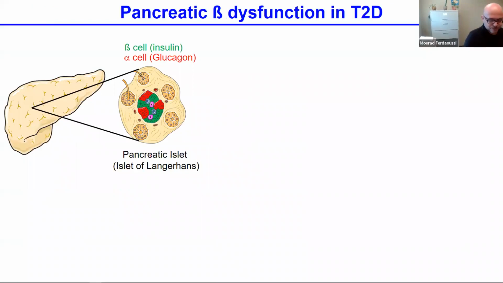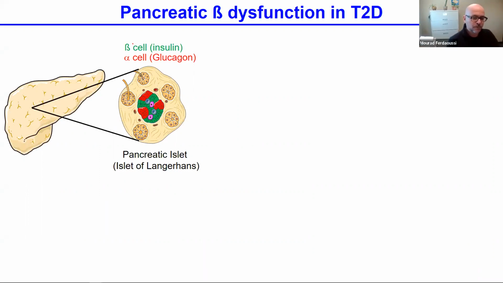The first way to treat type 2 diabetes, and this is the first generation of type 2 diabetes drugs, is to target pancreatic beta cells and increase insulin secretion. The pancreatic beta cells are present in the endocrine pancreas, or what we call the pancreatic islets. These islets contain basically two main cell types.